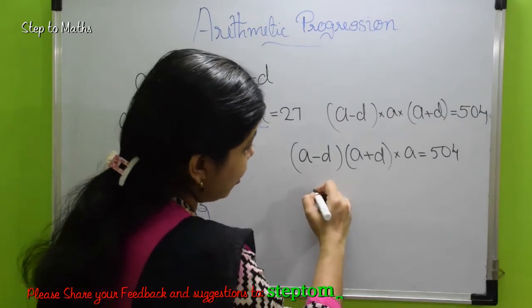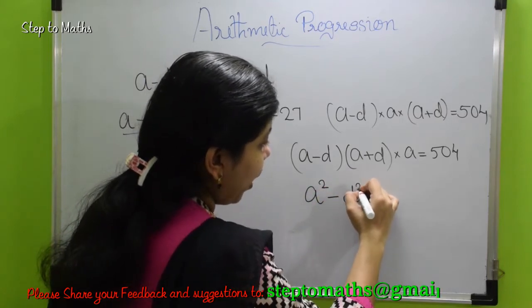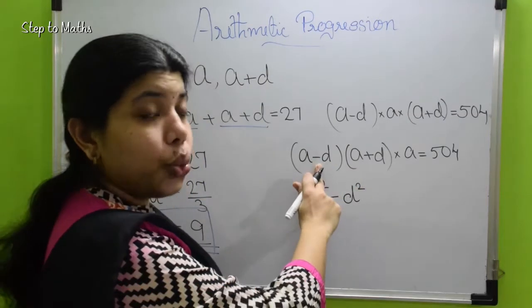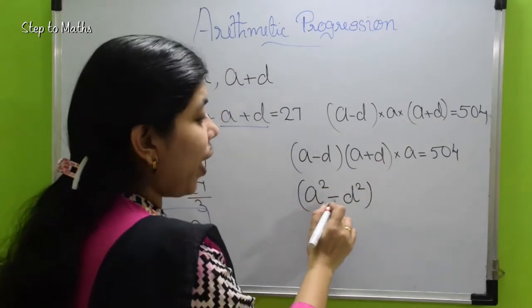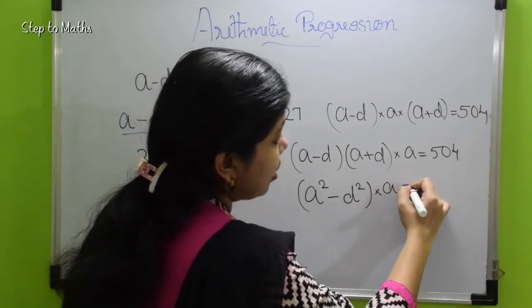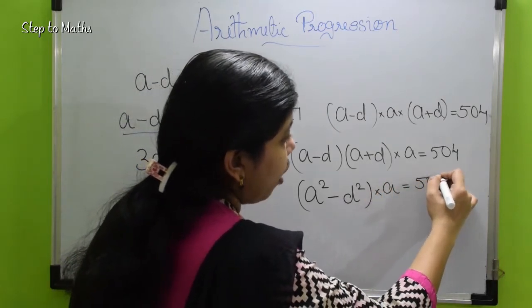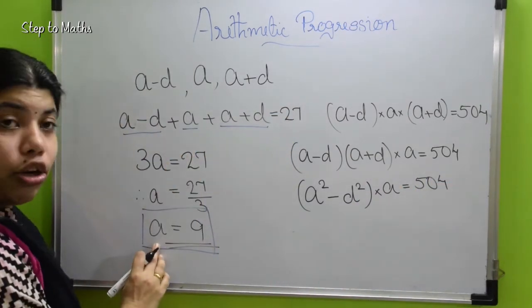So here it is a square minus d square. We can write it as a square minus d square into a is equal to 504, and from the sum we get the value of a.